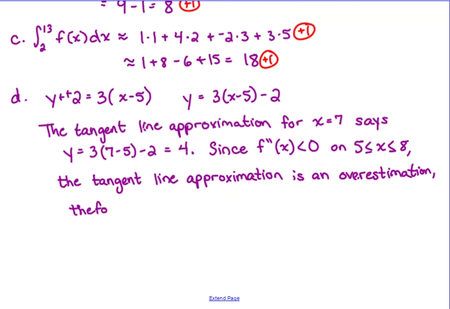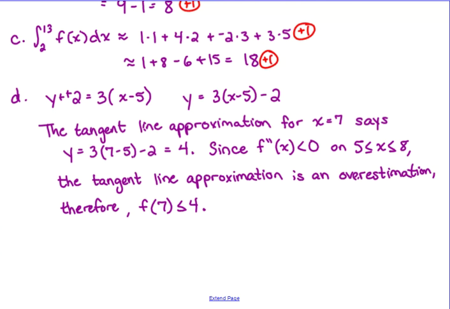Therefore, f of 7 has to be less than or equal to 4. The tangent line approximation said that it was equal to 4, but that's an over approximation, so that's the maximum that it can possibly be.